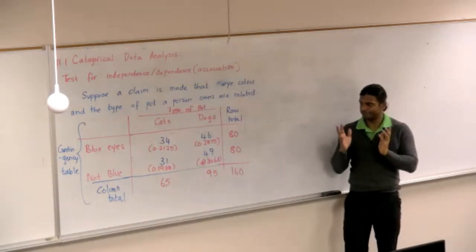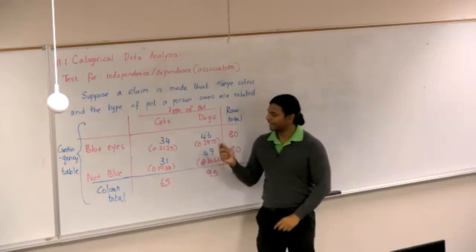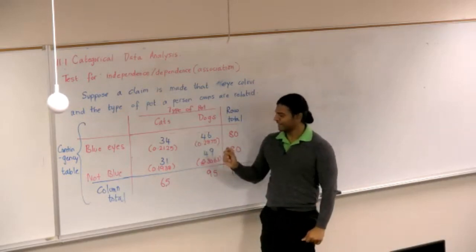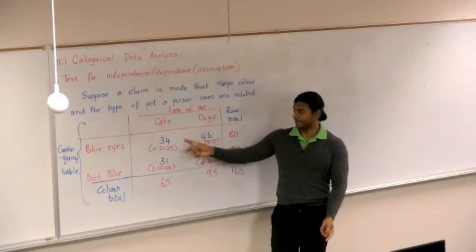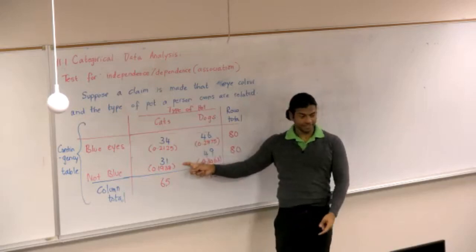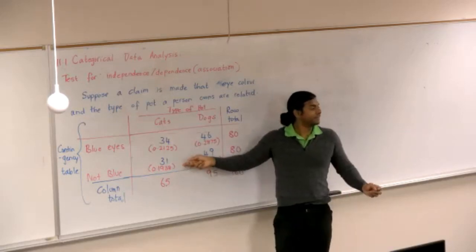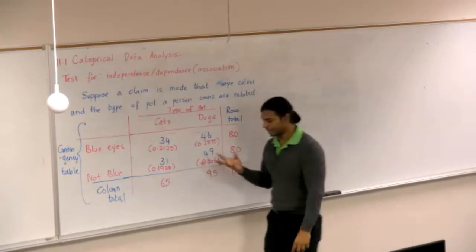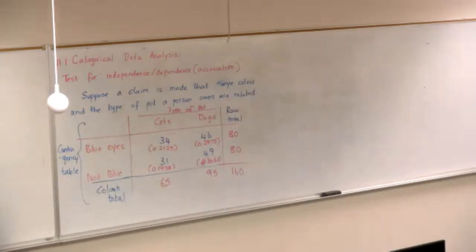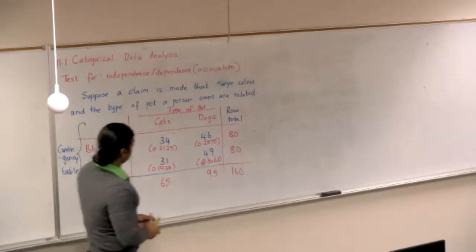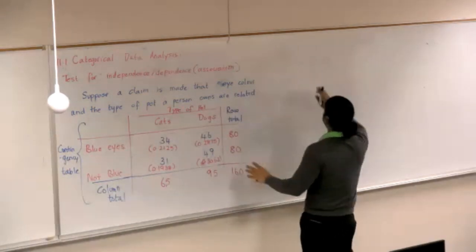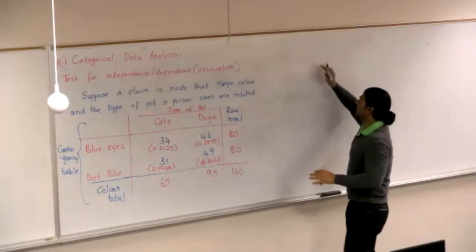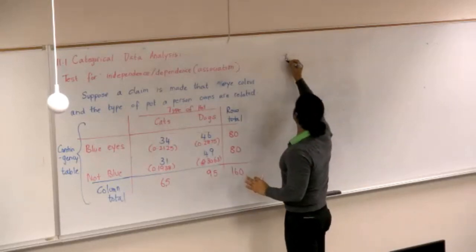It's not objective at all, because one may not consider going from 34 to 31 to be one and the same. You may say they are significantly different. So that is the purpose of the test that we're about to do. But a probability-based inference can be made using conditional probabilities.